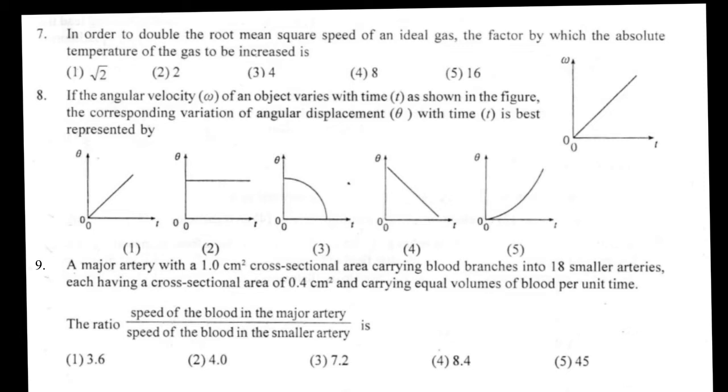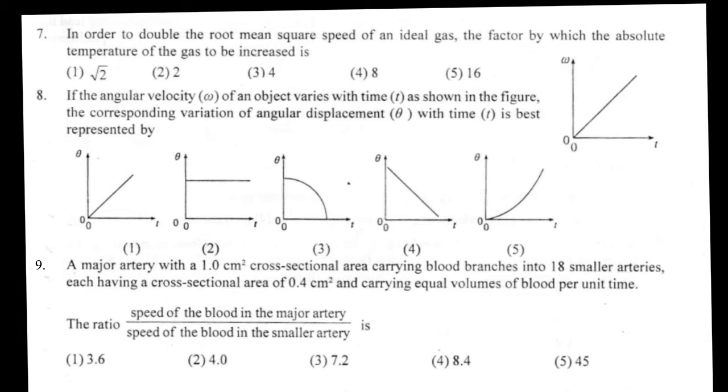So for the major artery we can write AV, that is 1 square centimeter into V1. V1 is the speed of blood in the major artery. And for a smaller artery we can write the same relationship.